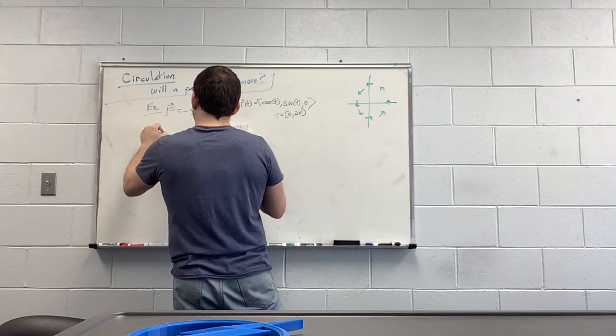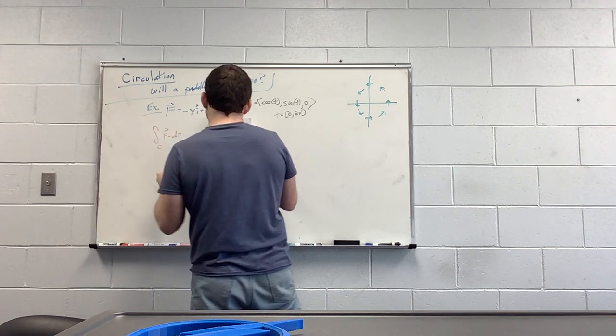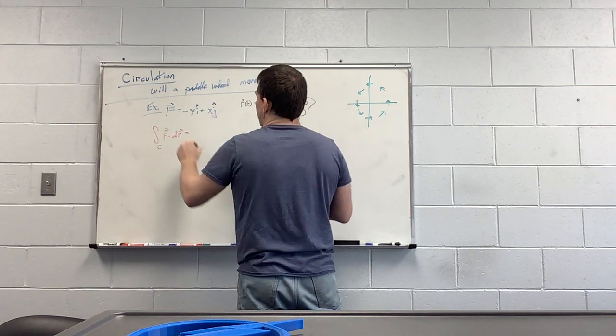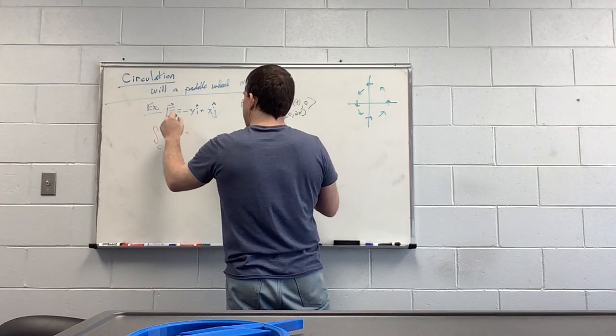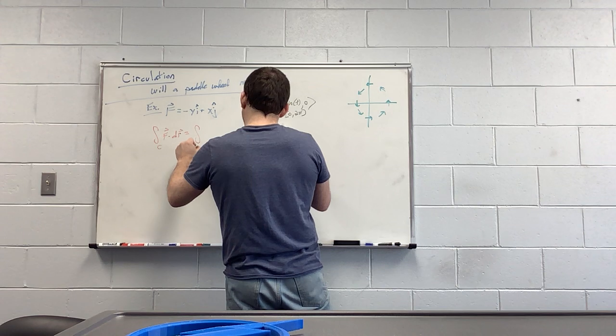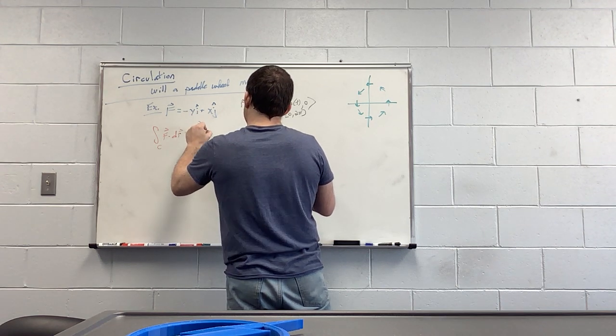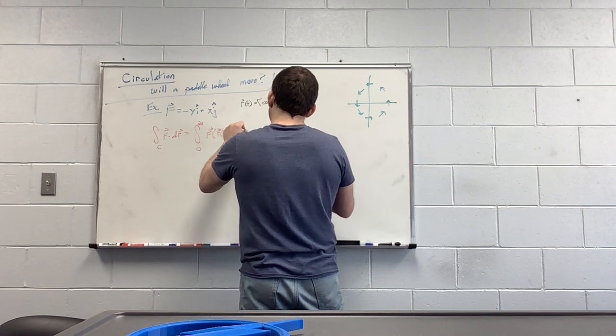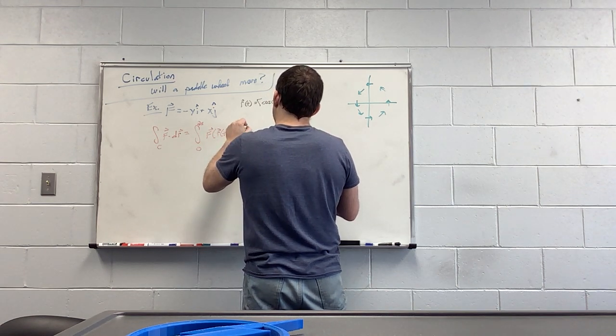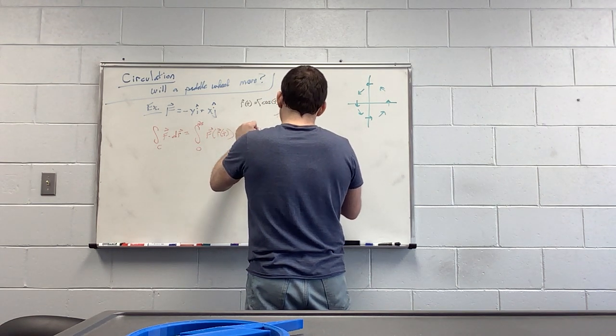I'm going to look at the integral of f dot dr, which by definition we know is the integral from 0 to 2 pi of f of r of t dotted with dr dt.